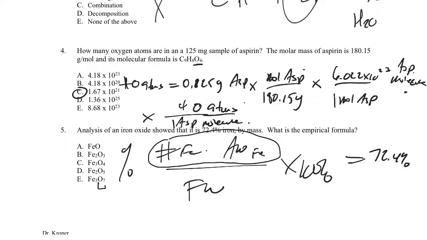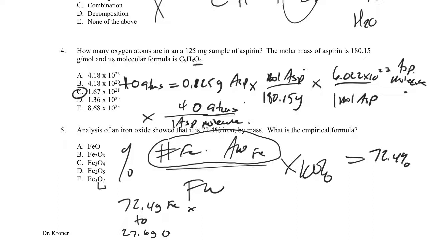But another approach we might do is to say, well, what if we had 72.4 grams of iron, the remainder would be our ratio, because if we know the compound is 72.4% by mass of iron and the remainder is oxygen, so the oxygen mass here would be 100 minus 72.4, that's 27.6 grams of oxygen.